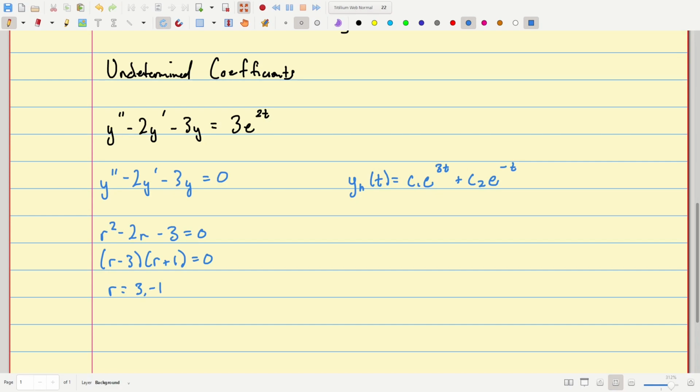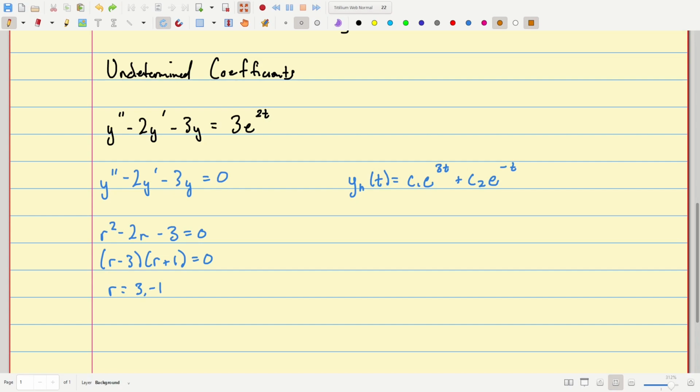Okay. Now, we've done the first part of the problem. Now what we need to do is deal with the non-homogeneous part. And in the honored tradition of solving differential equations, we're going to guess and then see if it works.